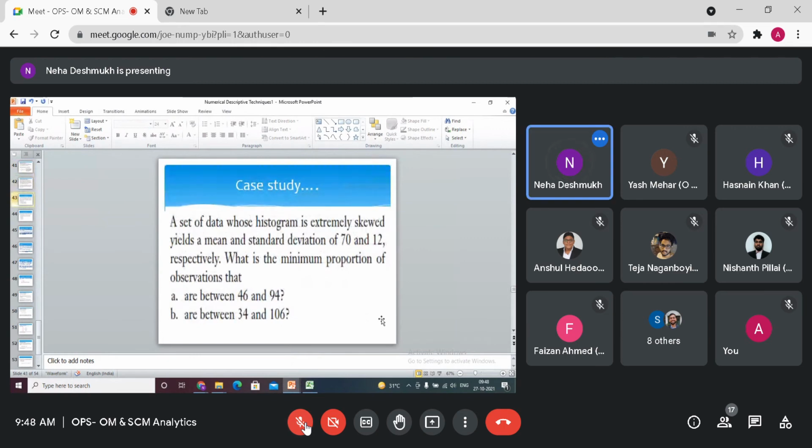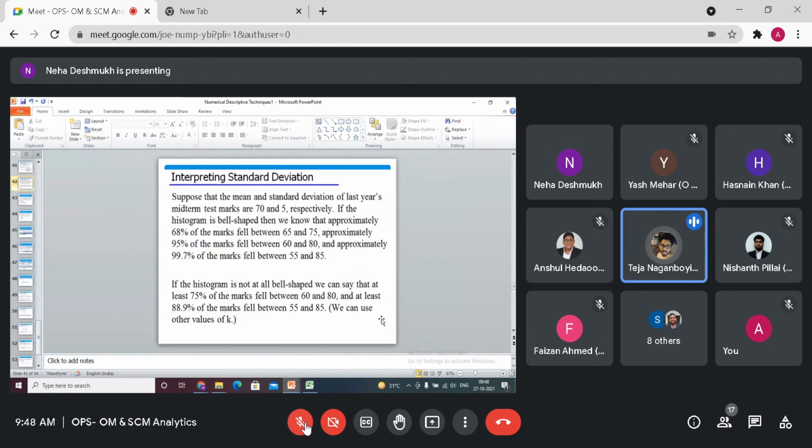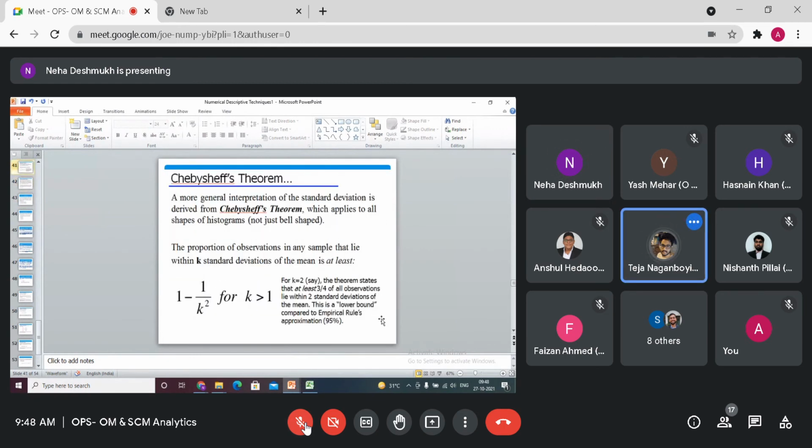Ma'am, is there any theorem exclusively for this part, k equal to 1? No. It means very little data is distributed around k equal to 1, within the 1s range.